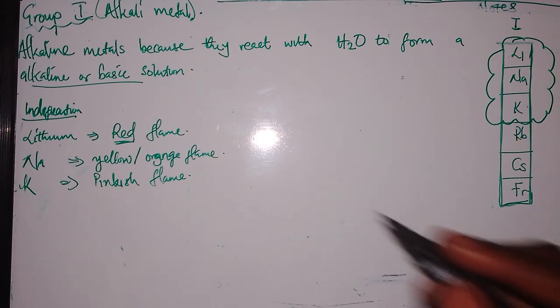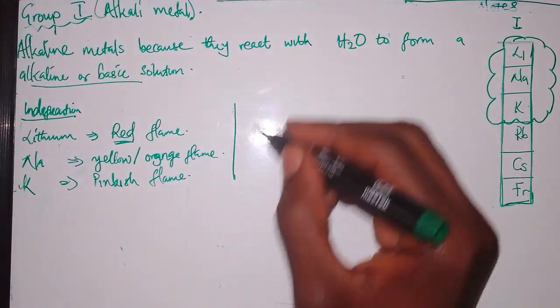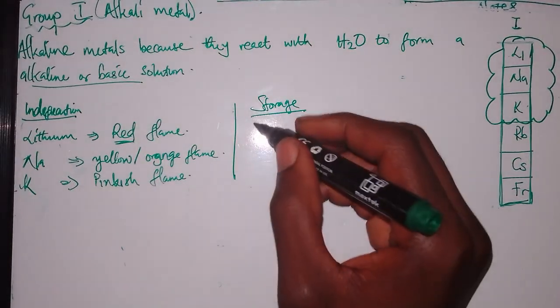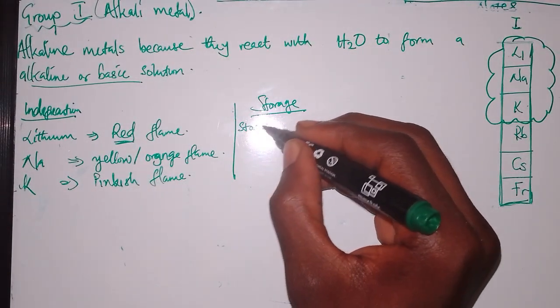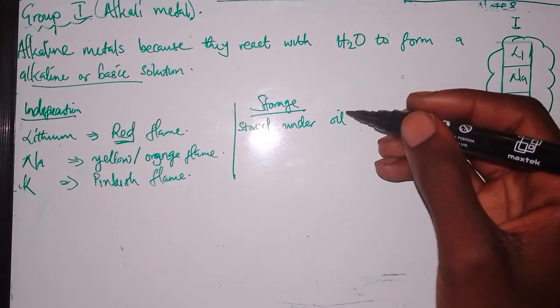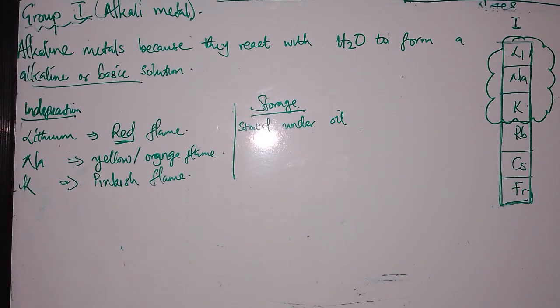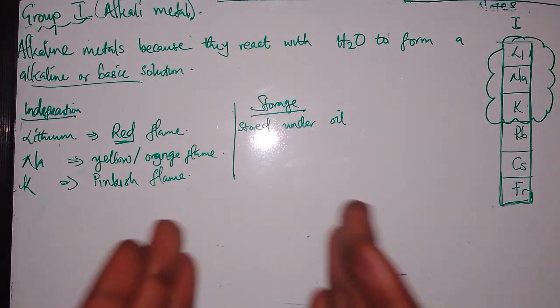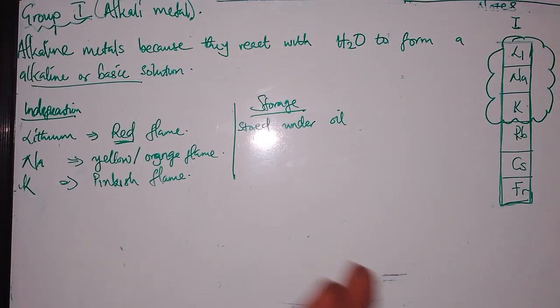So what is the storage? These elements in group 1 are stored under oil to prevent them from reacting with air and water. Remember, they are stored under oil. Why? Because oil will prevent them from reacting with water and air.